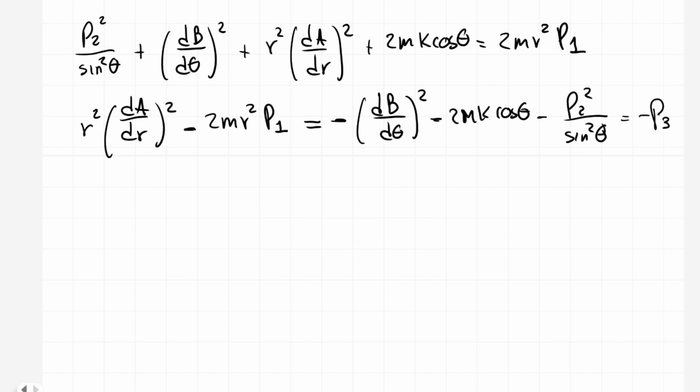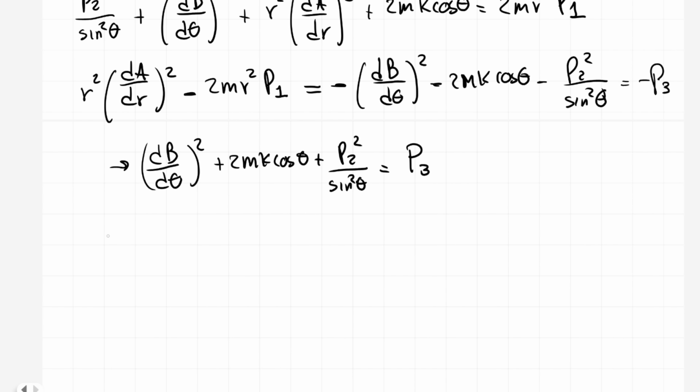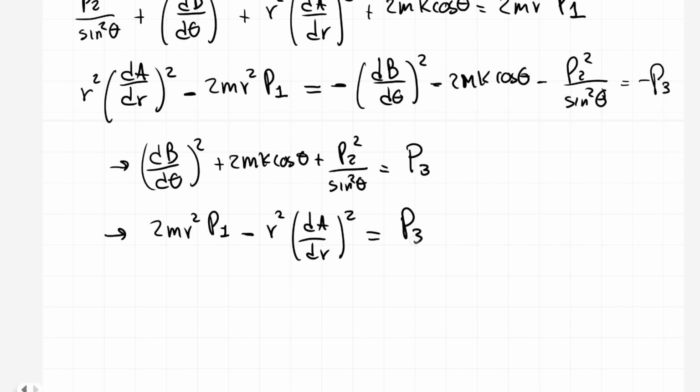So we will get that the derivative of v with respect to theta squared plus 2mk cosine theta plus p2 squared divided by sine squared theta is going to be p3, and we will get that 2m r squared p1 minus p3, the derivative of a with respect to r squared, is going to be equal to p3.